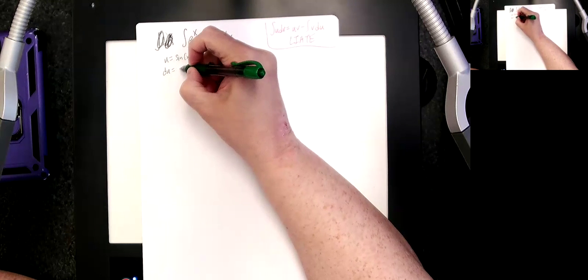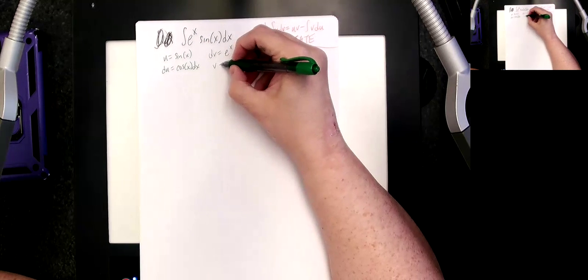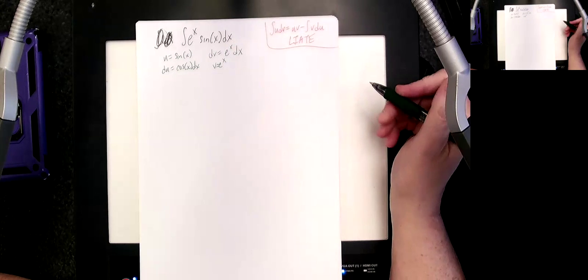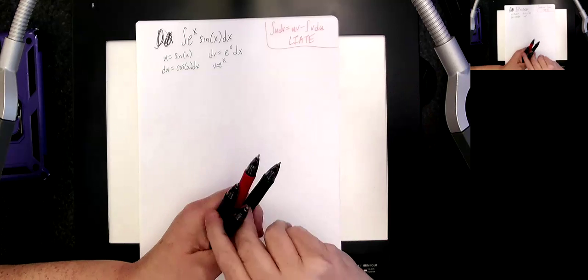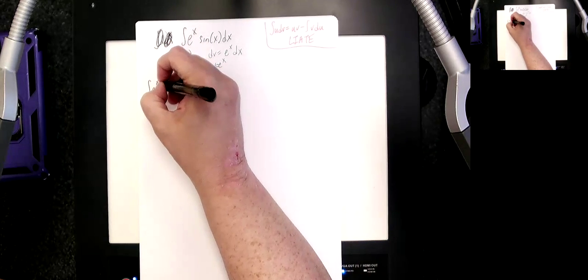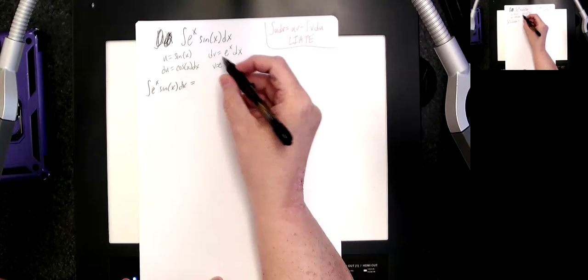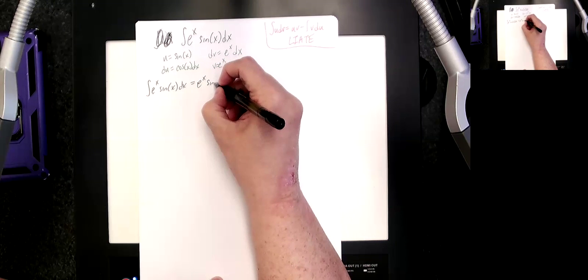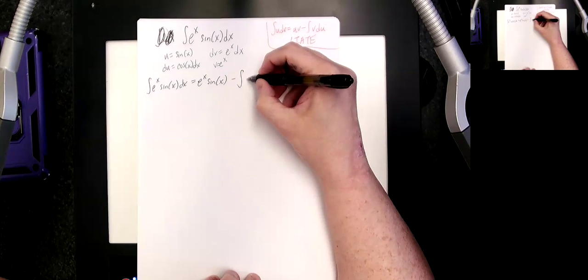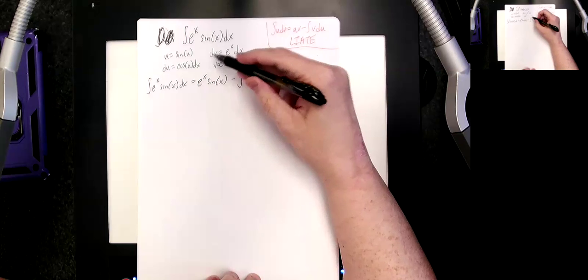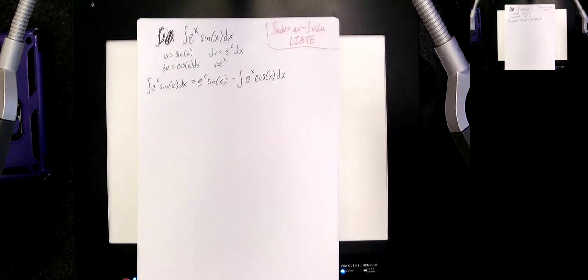So du equals cosine x dx and v equals e to the x. If I do uv, e to the x sine x, minus the integral of v du, v du is e to the x cosine x dx.